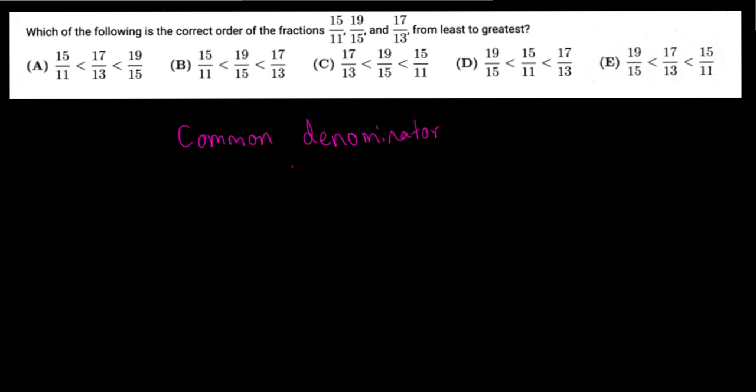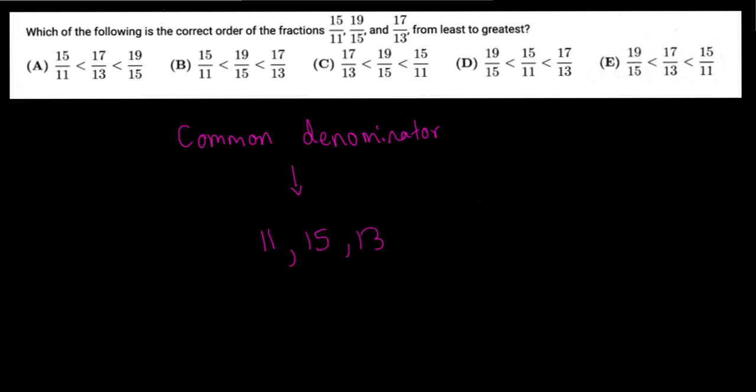And the way you would do that is find the common multiple of all of these numbers, of 11, 15, and 13. And how you would do it in this case is multiply all 3 numbers, because run through them in your head and you'll find that the LCM, the least common multiple, is most likely multiplying all of these in our case. In other cases, maybe not, but in this case, yes.